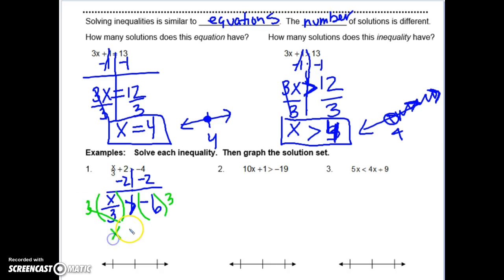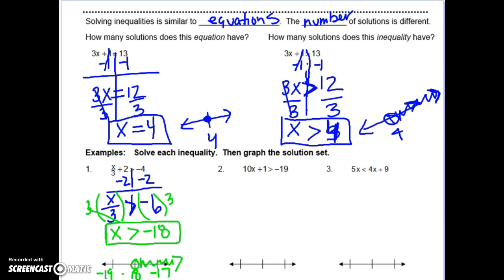So I have x is greater than negative 18. Be very careful, none of your answers will have an equal sign. I'm going to have negative 18 in the middle, with an open circle, and I'm going to shade everything bigger than negative 18.